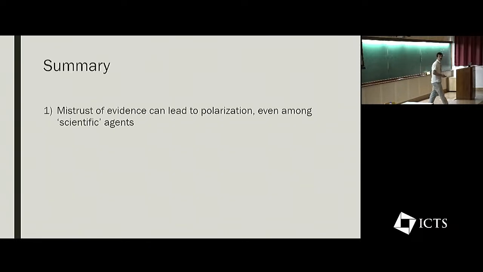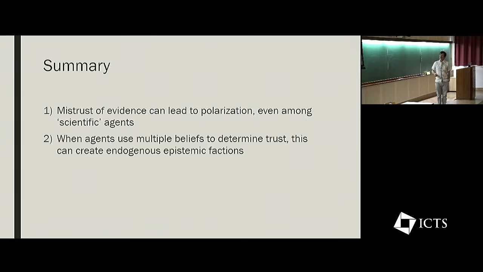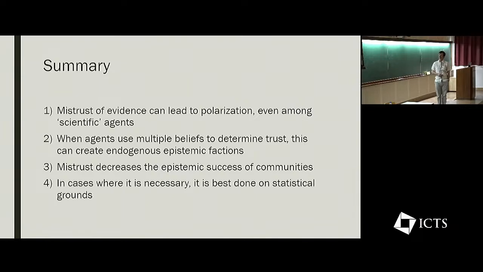Good. So just to summarize, mistrust of evidence can lead to polarization, even among scientific agents, agents who are updating in light of evidence, doing it in a reasonable way. When agents use multiple beliefs to determine trust, this can create endogenous epistemic factions. Mistrust decreases the epistemic success of communities.